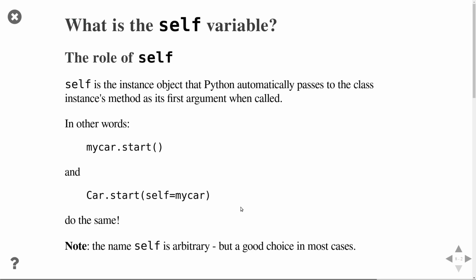The first argument in a class function is always a reference to the object itself. What that means is, when you call mycar.start, you could have also written Car.start, the class name, with self equals mycar. So this notation essentially just automatically passes this object as the first argument of the start function.